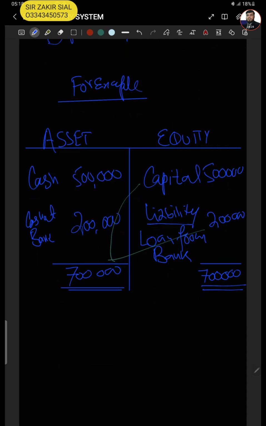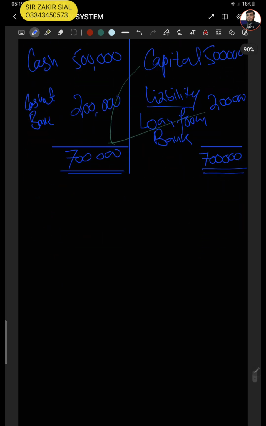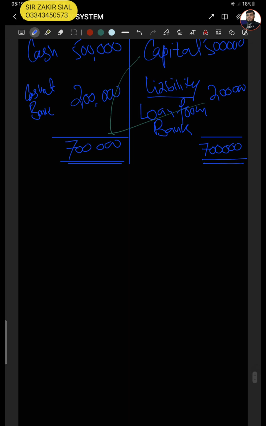This is called the accounting equation or accounting balance sheet. Whenever we are recording transactions, we have to keep assets equal to liabilities plus capital.